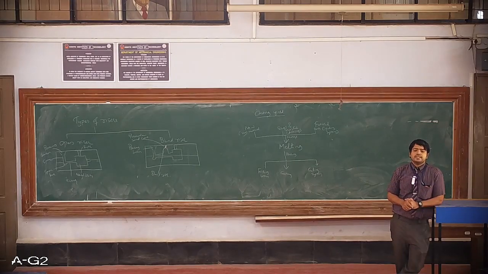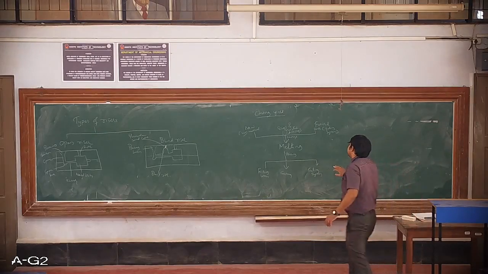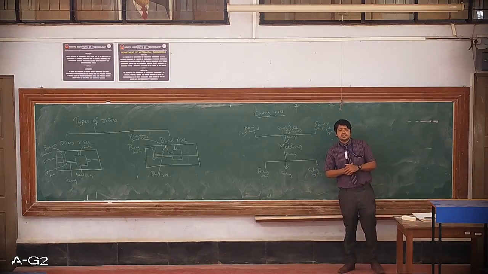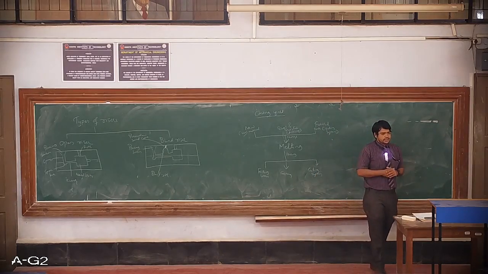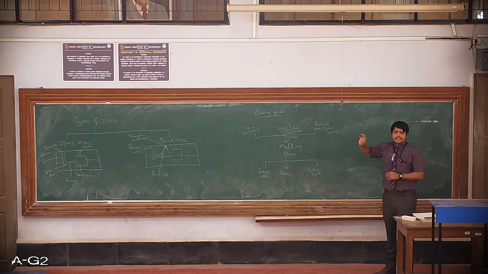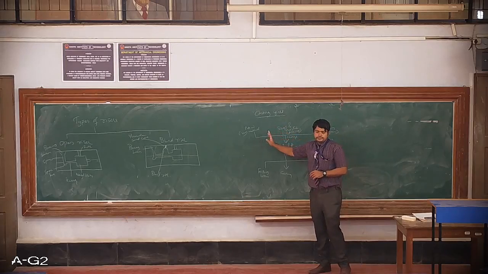So what happens to this gating system which is solidified during the solidification of the casting itself? Those parts are also used as a raw material for melting. Those are heated by using furnaces. Different types of furnaces we are going to discuss in the next part of this unit. Here, consider it to be the induction furnace. So we are going to add all this in the induction furnace.